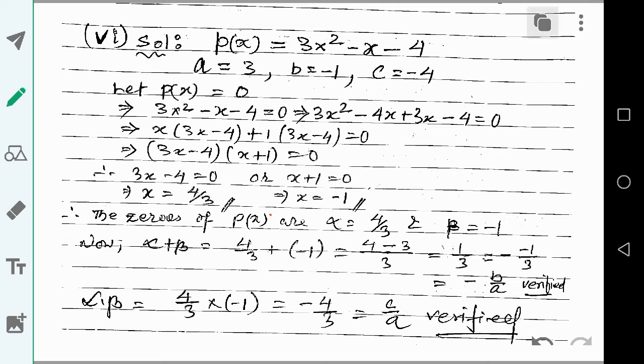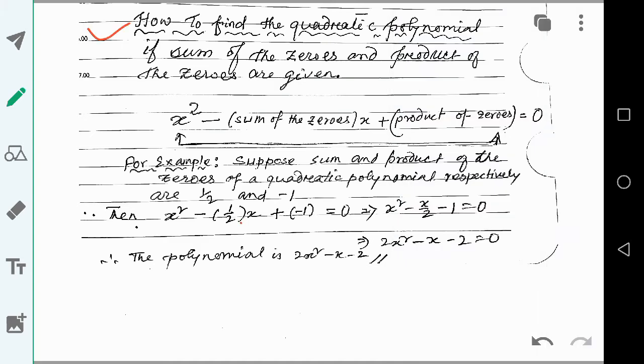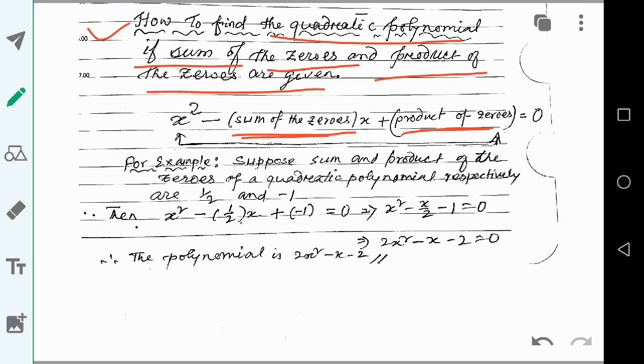Now the next topic is how to find a quadratic polynomial if the sum of the zeros and the product of the zeros are given. There are two methods. The first one is, if the sum and product of the zeros are given, we can first obtain the corresponding quadratic equation.